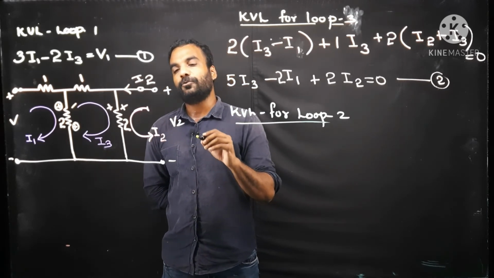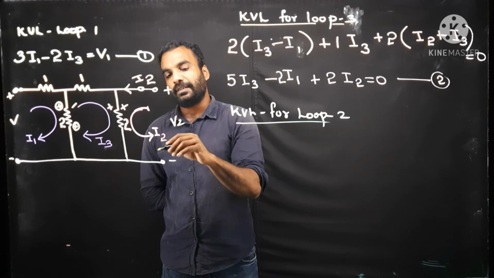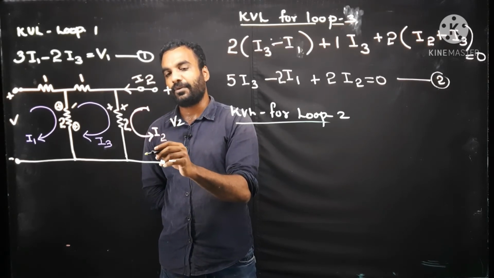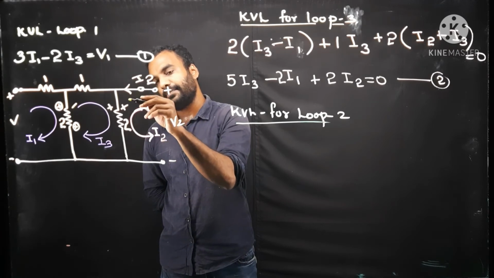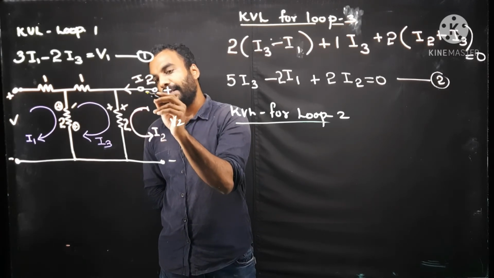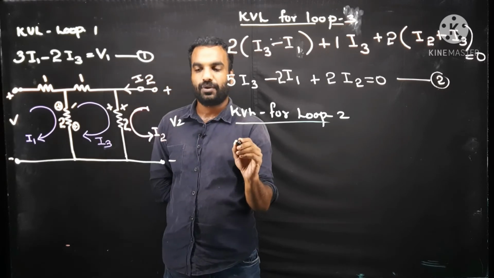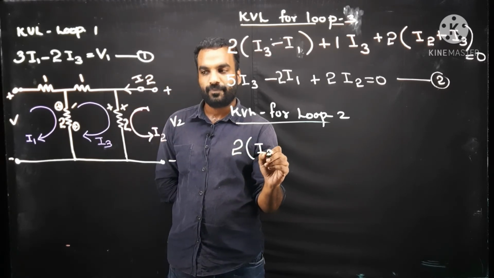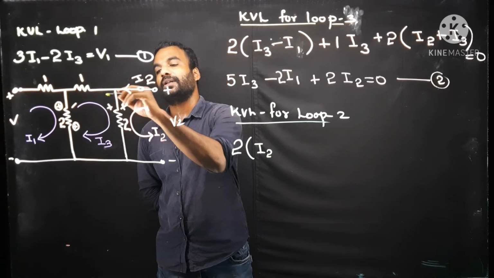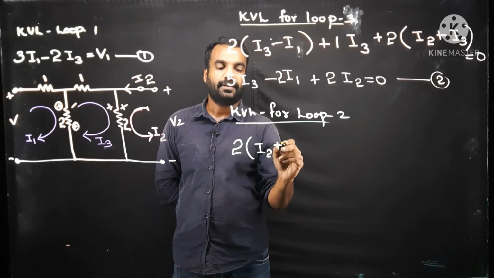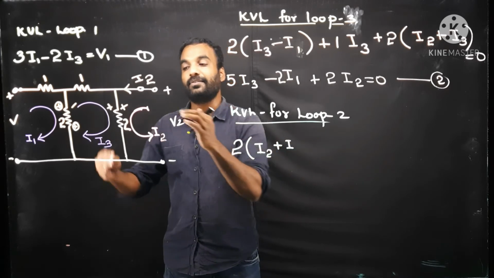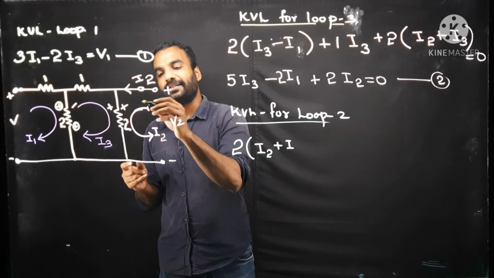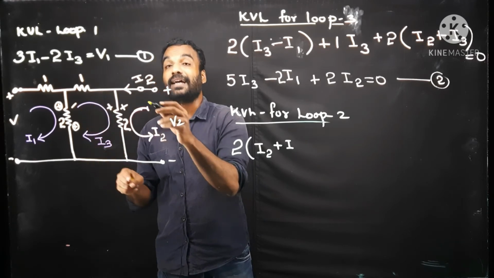Okay. In this loop, we know there is a voltage source. So if you are starting from this side, what happened? Initially 2 ohm. 2 into, we are standing at I2, and we know both I2 and I3 are in the same direction. I2's direction is clockwise, this is anti-clockwise.